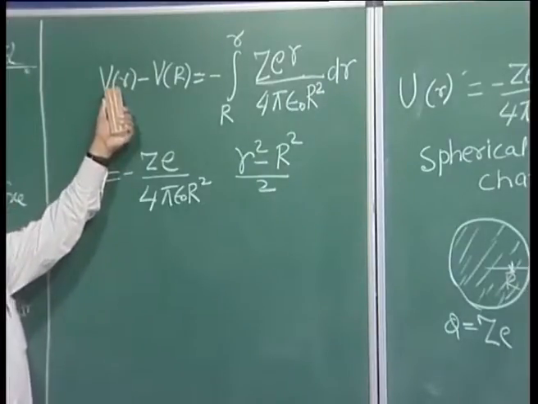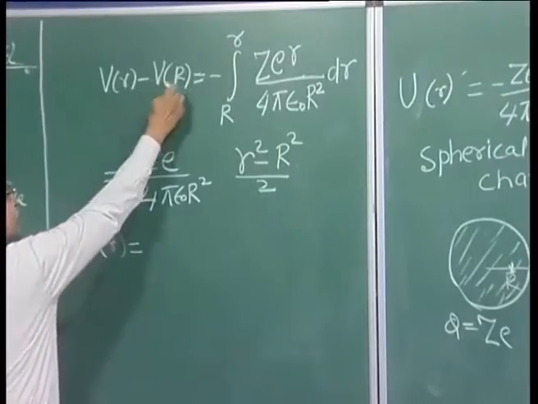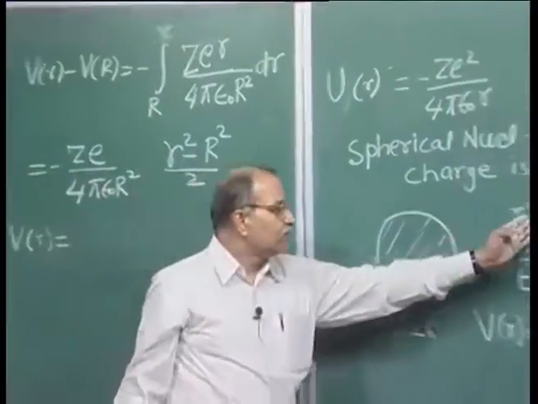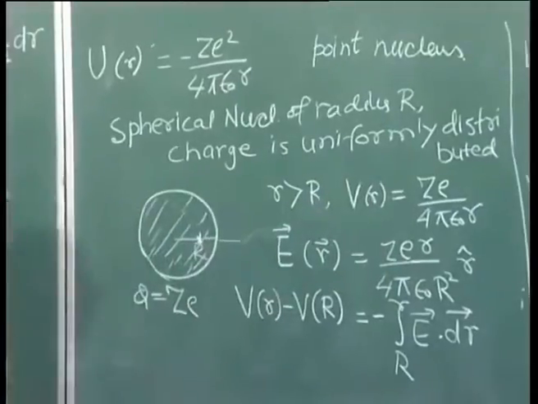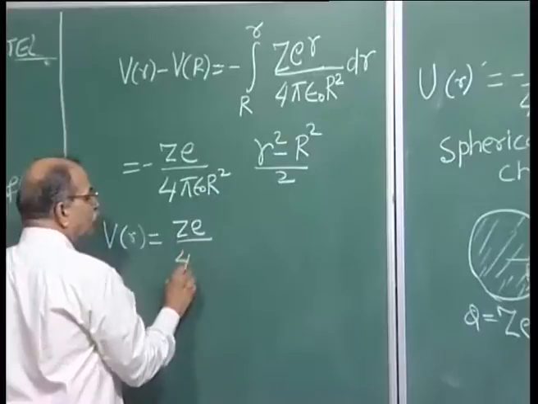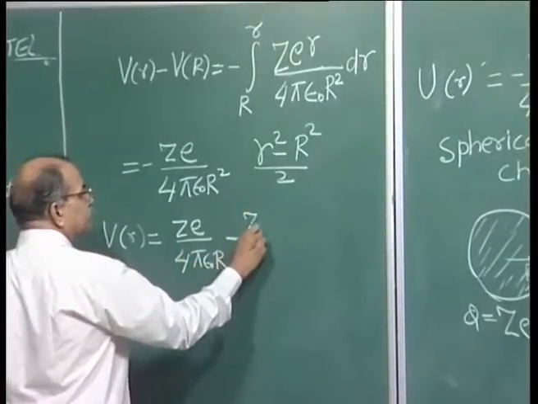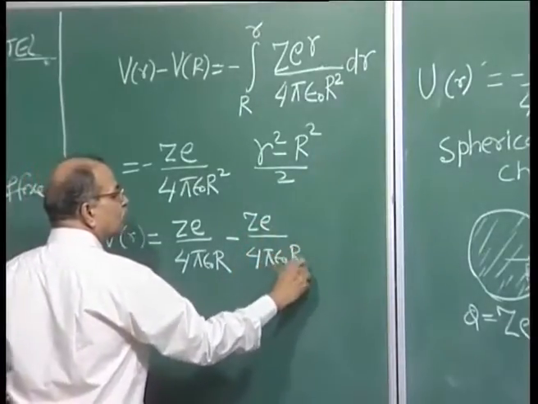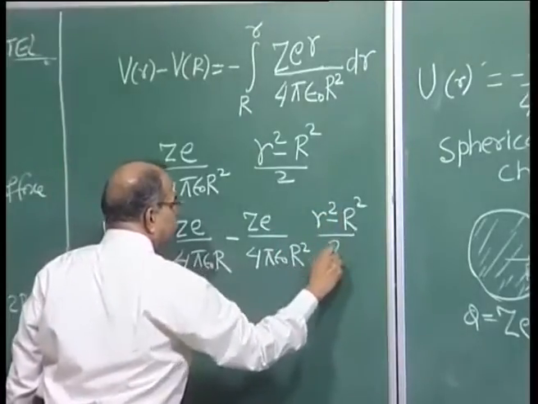And hence V at r is equal to V at capital R plus this, right. And V at capital R I can write from here, that will be Ze over 4 pi epsilon naught capital R, and then minus Ze over 4 pi epsilon naught and r square minus R square by 2.